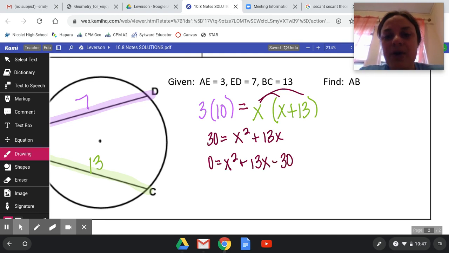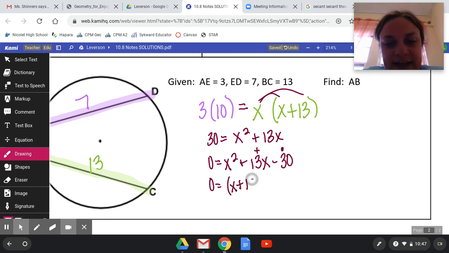So I need two numbers that multiply to a negative 30 and add to a 13. Right off the bat, you may be thinking, ooh, 10 and 3. But the problem with that is one number needs to be positive, one number needs to be negative, because they need to multiply to a negative 30. So I've got 0 is equal to, I'm going to use a positive 15, X plus 15, and then a negative 2.